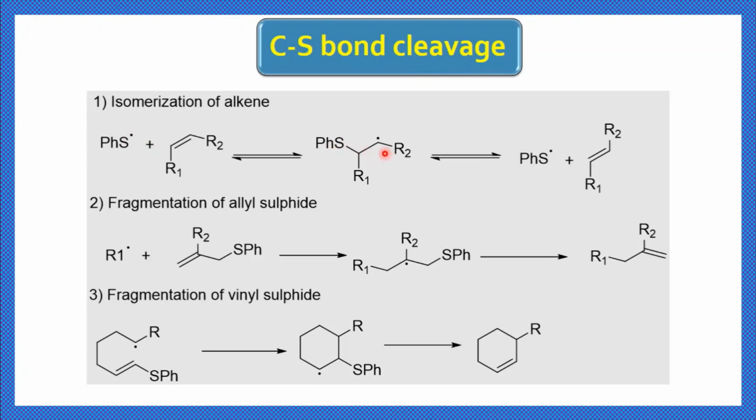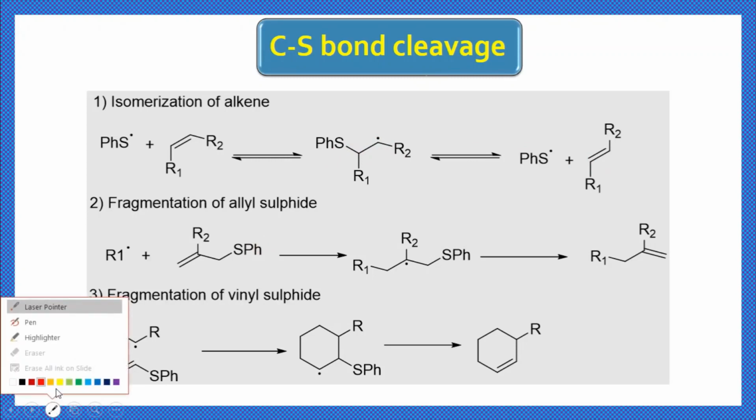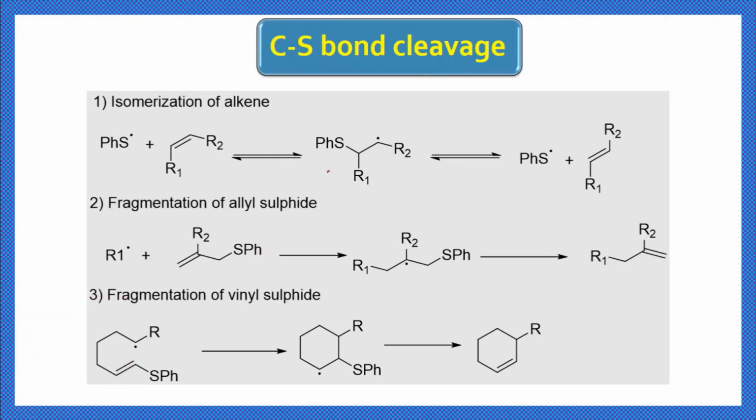Then the isomerization takes place. Again, bond breaking takes place, and in the bond breaking, this cis converts to trans. Here we show you that: bond breaking takes place and we generate a CH2 radical.